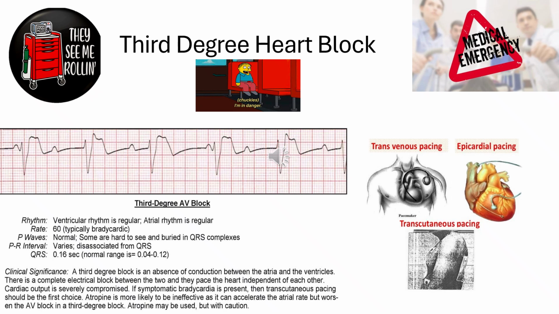And it's going to cause a very slow and inefficient heart rate. And patients will likely have severe symptoms such as dizziness, fatigue, shortness of breath, and chest pain. And this is going to lead to reduced cardiac output, reduced perfusion, and the treatment for this is going to be a permanent pacemaker to prevent patients from going into this block.